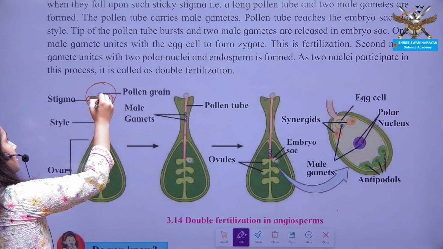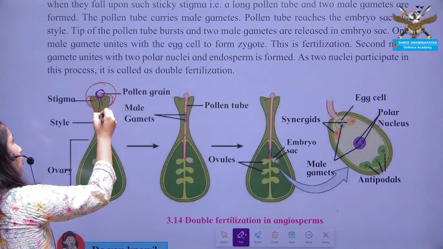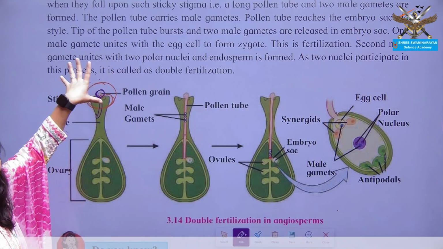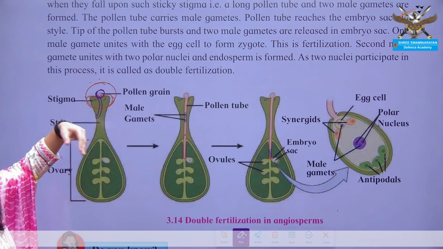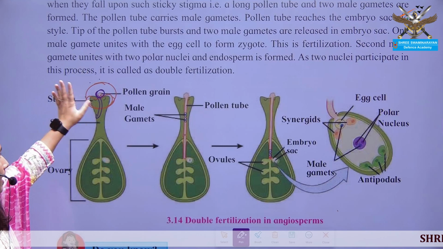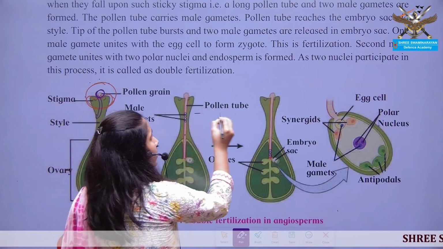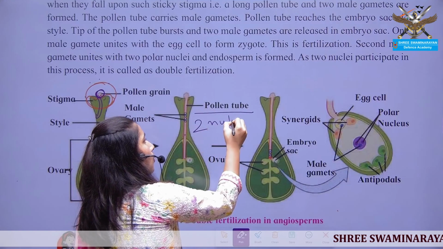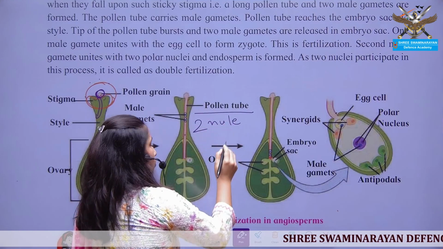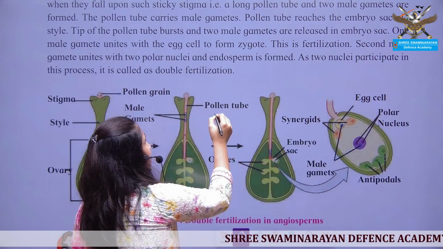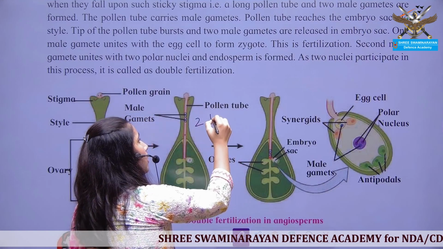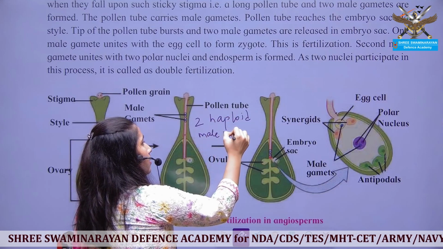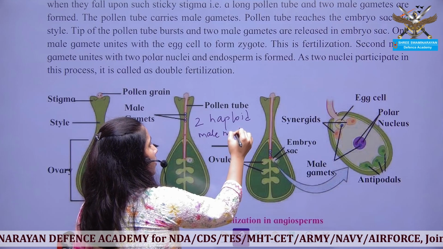This pollen grain germinates and starts to form a pollen tube. Okay, when this pollen grain reaches the stigma, because of some chemical reactions, it starts to develop the pollen tube. In the pollen grain you will see two haploid male nuclei.